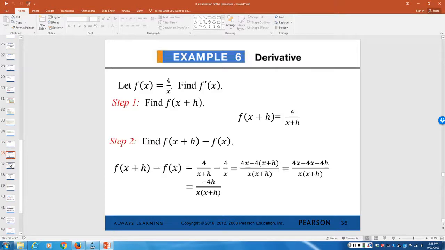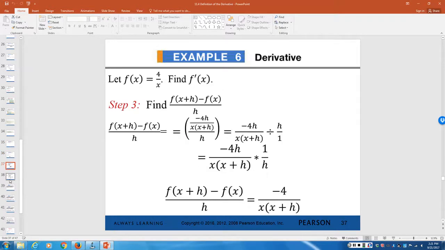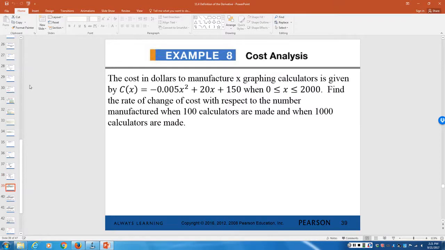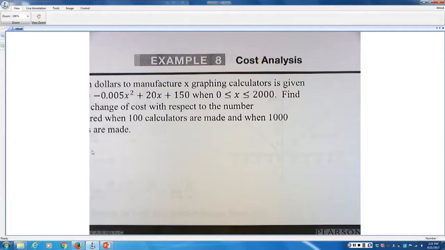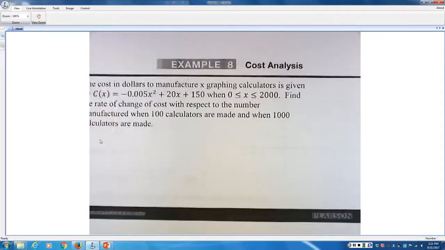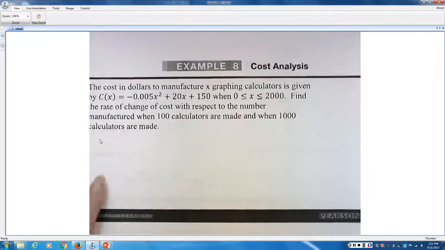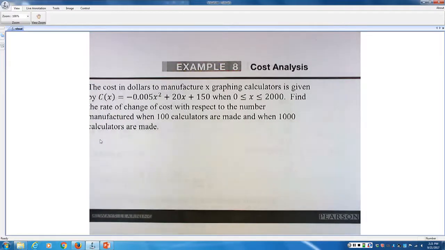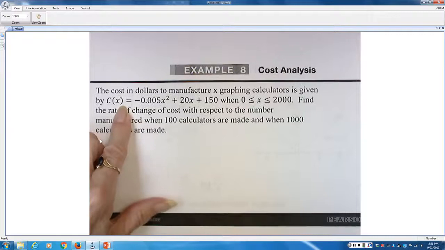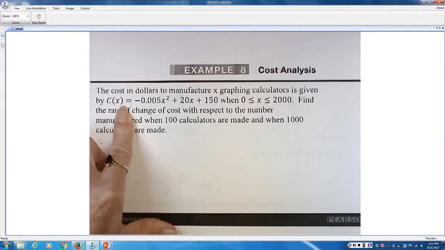So this is the one that we just did. Now, as you can see, it took several slides to do that one, so here's where we are now. Okay, this one says the cost in dollars to manufacture x graphing calculators is given by this cost function. Now you may have had the idea up to this point that cost functions are always linear, but they're not.